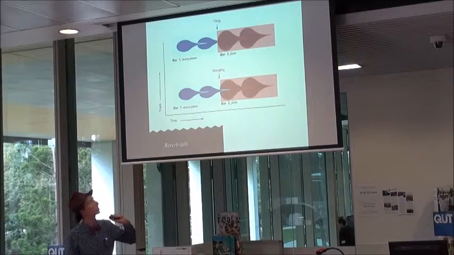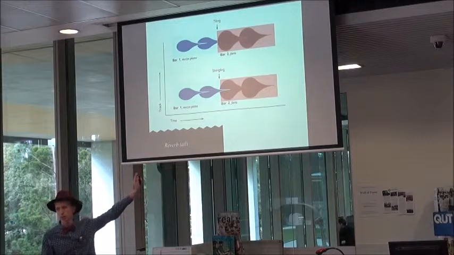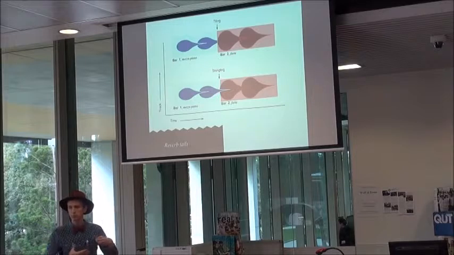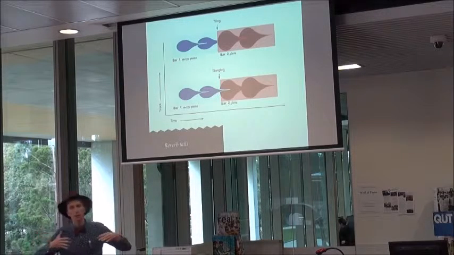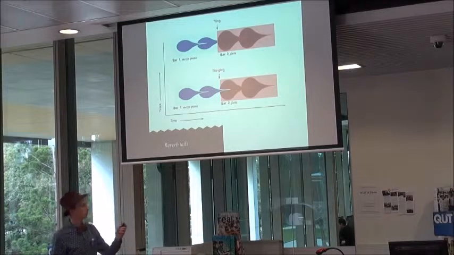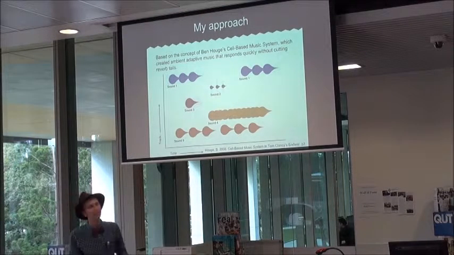So what I'm trying to do is maintain the reverb tails, the end of the sounds from previous bars of music, and overlap them into the new bars, which is easier said than done.